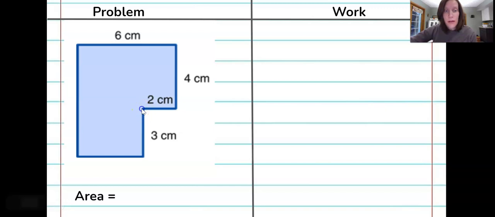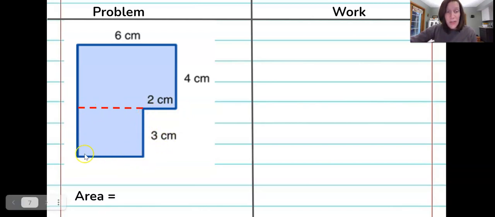So right here, I'm going to draw a dashed line to kind of cut this into two different rectangles. And then I need to make sure I have the measurements, the base and the height of each of those rectangles. Well, if I look at this big rectangle at the top, I can see 6 and 4. My base is 6, my height is 4. When I look at this rectangle, I only see the height of 3.